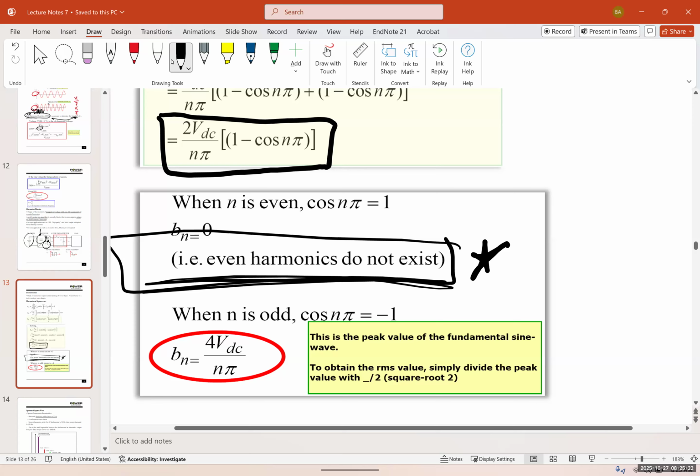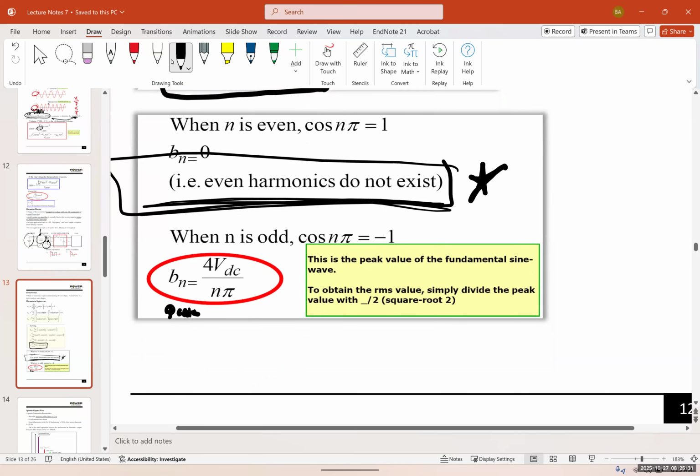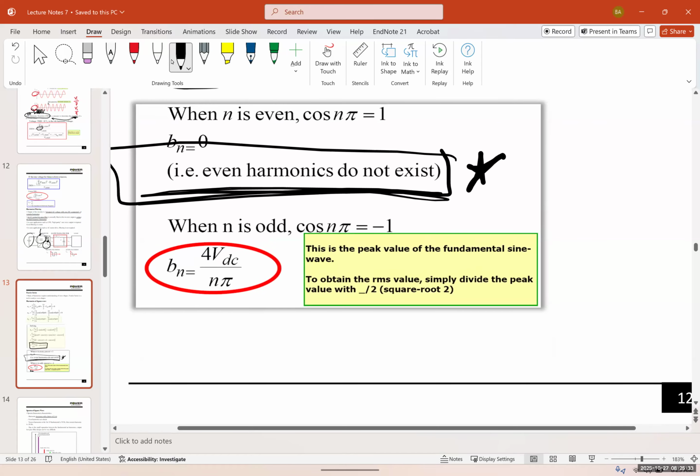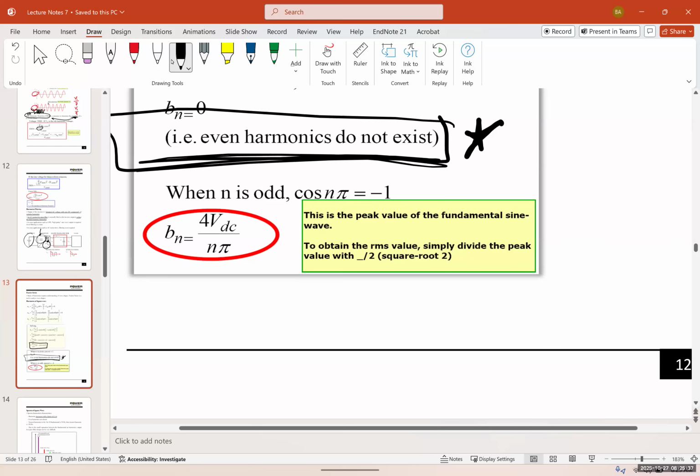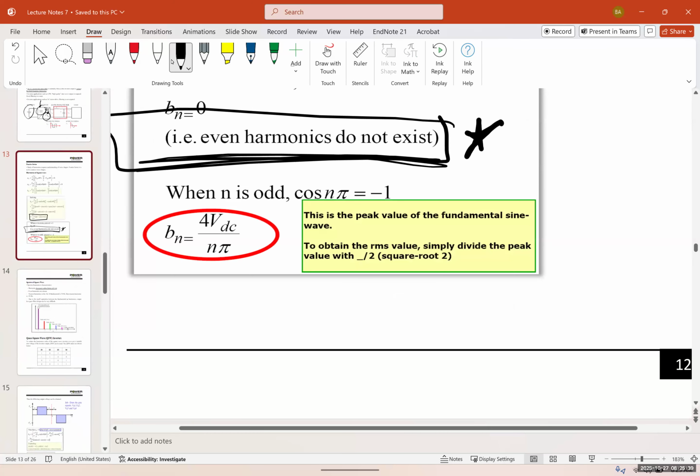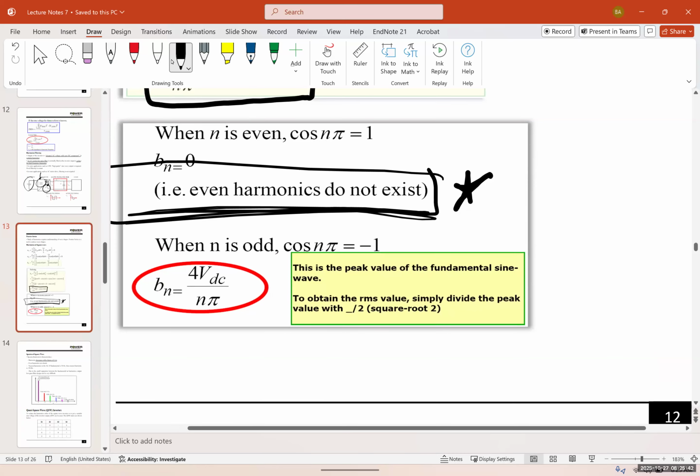So again, this is the peak value of Bn, if you want to find that. Is it clear? Okay.